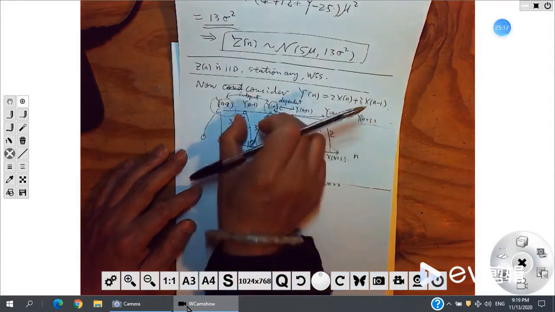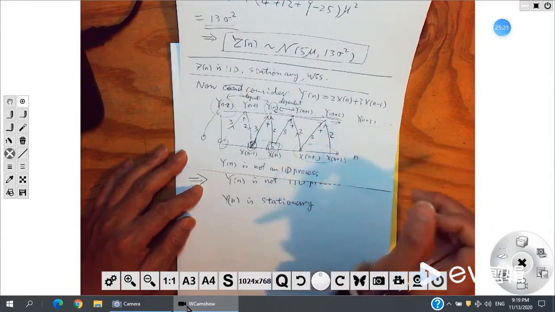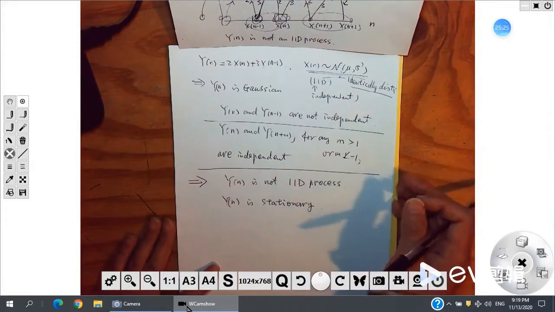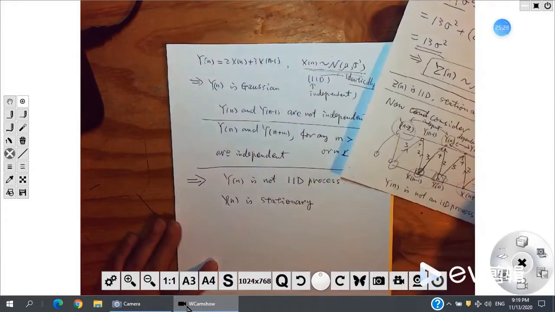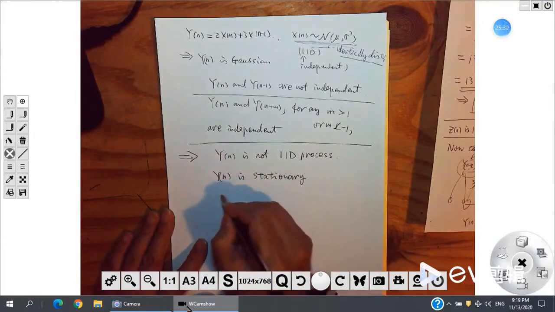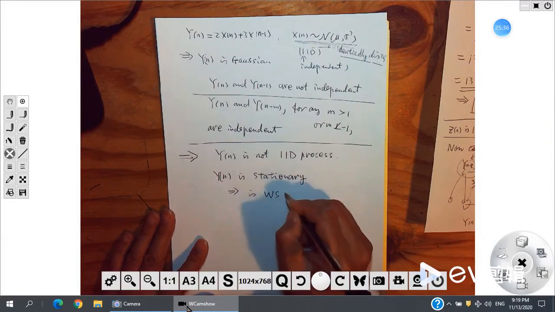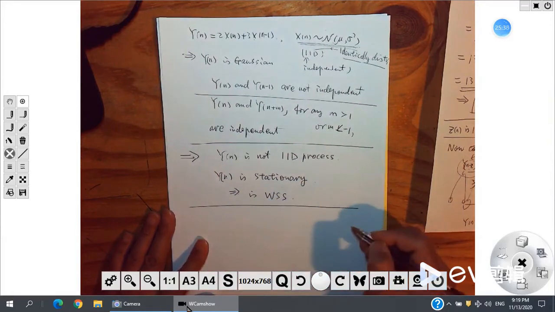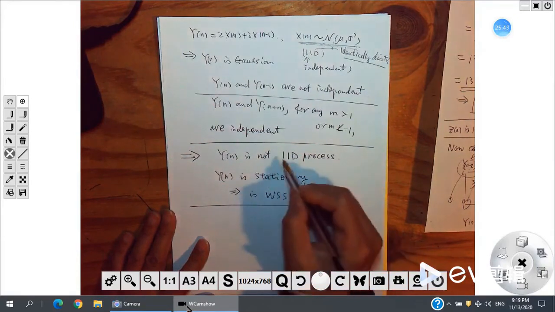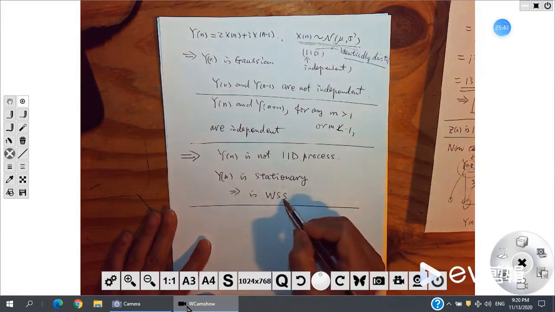You consider 2, you move them, the joint distribution should be the same. So this is stationary. And then we can also say it is wide-sense stationary, because it's stationary. So y satisfies this trait. It is not IID, but it is stationary as well as wide-sense stationary.